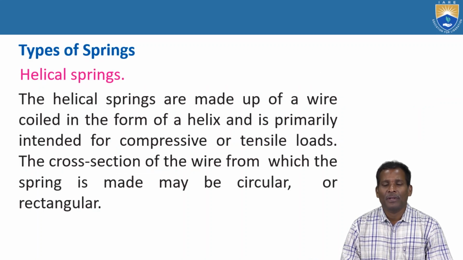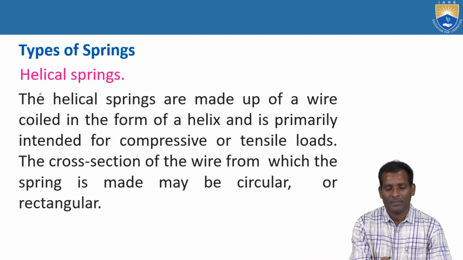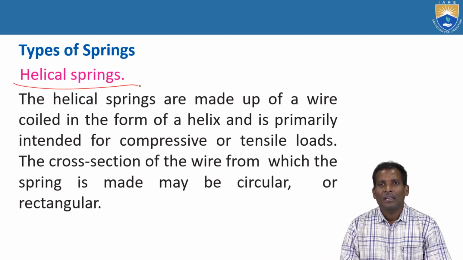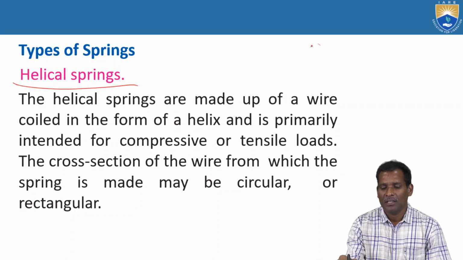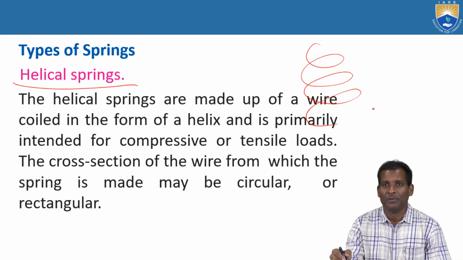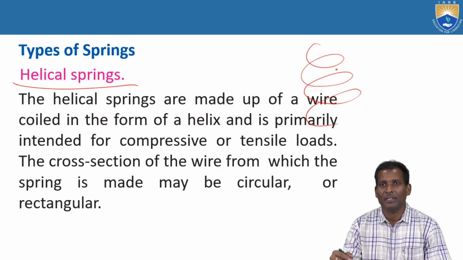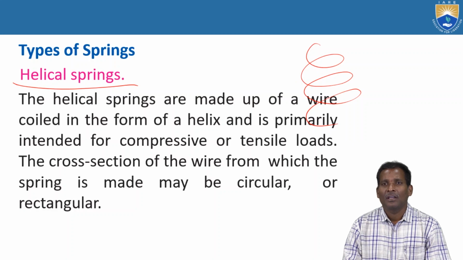The types of springs are mainly classified as helical springs. Helical springs are made up of a wire coiled in the form of a helix, in the shape of a helix with some helix angle. We will discuss that later.